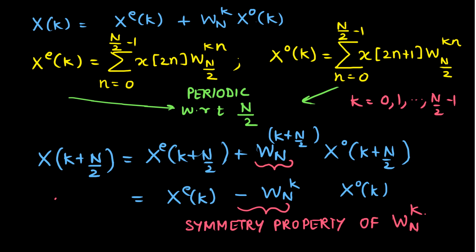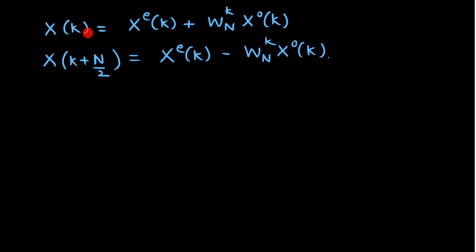So now we have two equations. We have X of k equal to X even of k plus W_N to the power k X odd of k, and X of k plus n by 2 equal to X even of k minus W_N to the power k X odd of k. The first gives us the first n by 2 values, and the second gives us the next n by 2 values.